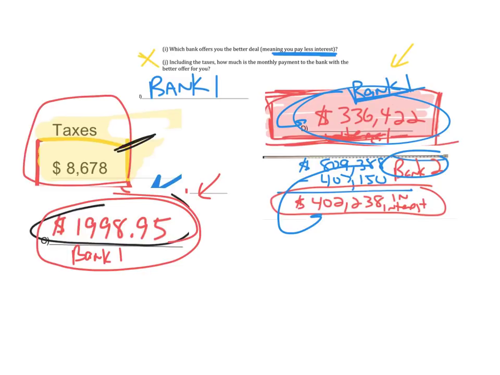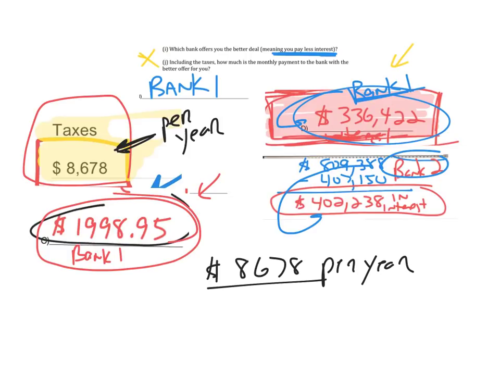Now remember, the taxes are always given to you per year. So you're going to have to take the $86.78, that's per year, divided by 12, because you're going to break up the payments over the 12 months.